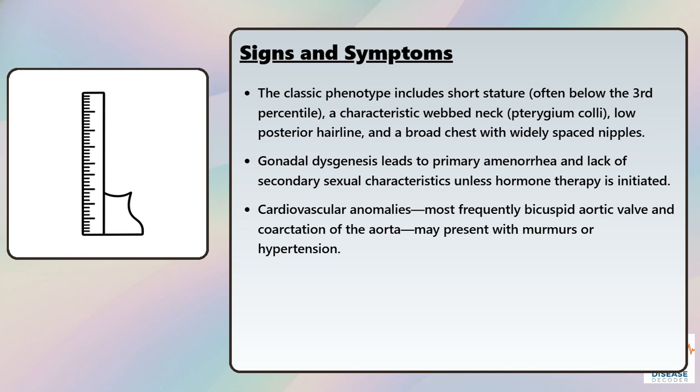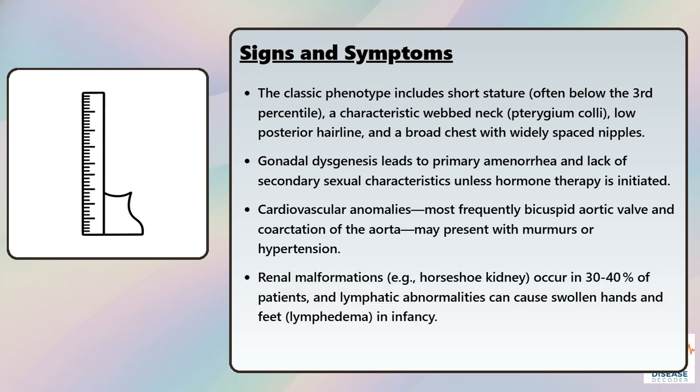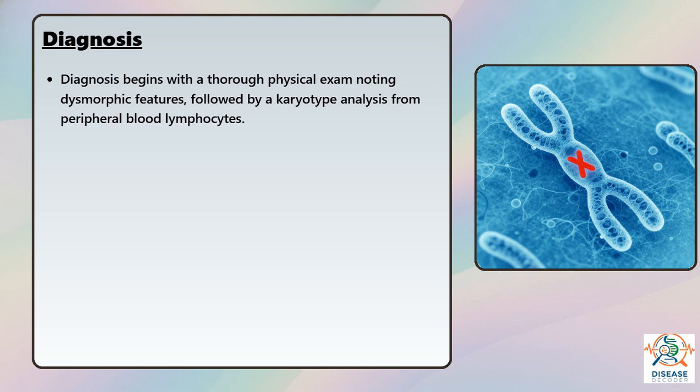Cardiovascular anomalies, most frequently bicuspid aortic valve and coarctation of the aorta, may present with murmurs or hypertension. Renal malformations, for example horseshoe kidney, occur in 30 to 40% of patients, and lymphatic abnormalities can cause swollen hands and feet, lymphedema, in infancy.